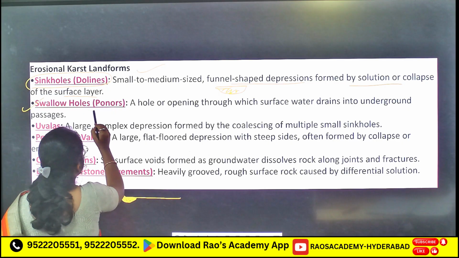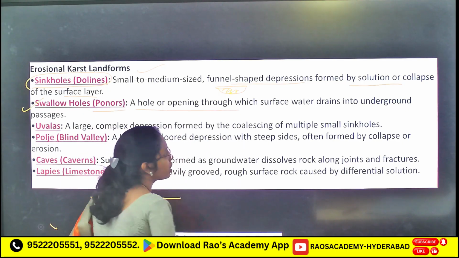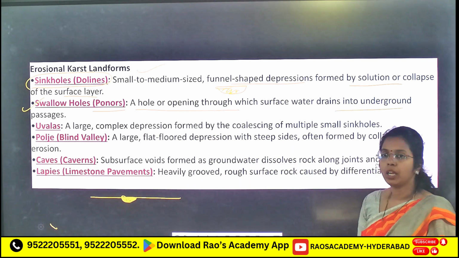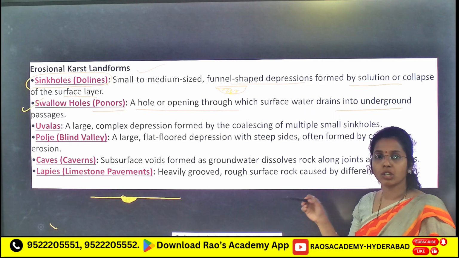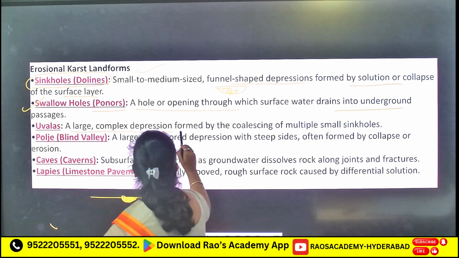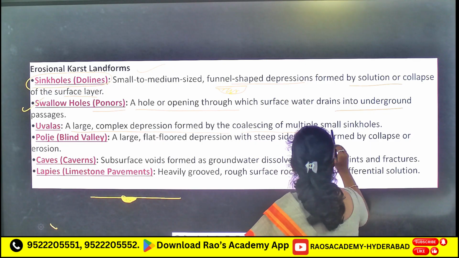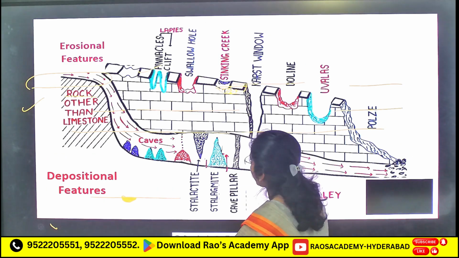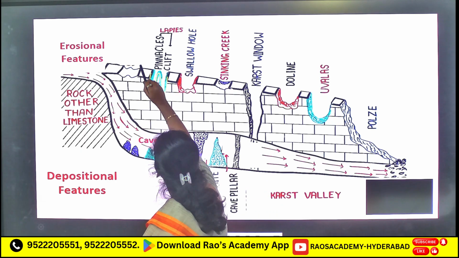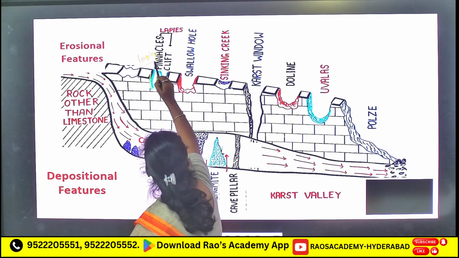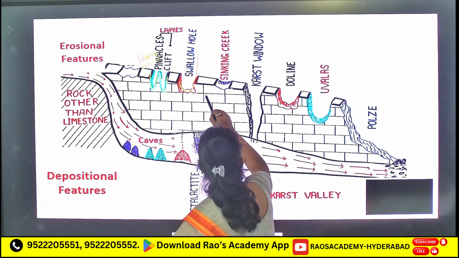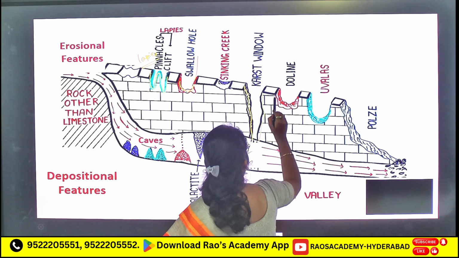Now swallow holes or ponors: a hole or opening through which surface water drains into the underground. This underground drainage is also very important. Next, uvalas: a large complex depression formed by coalescing of multiple sinkholes. Here you can see first erosional features, pinnacle or cliff or lapis. After continuous erosion we see swallow holes, and then after continuous erosion you will see karst windows.